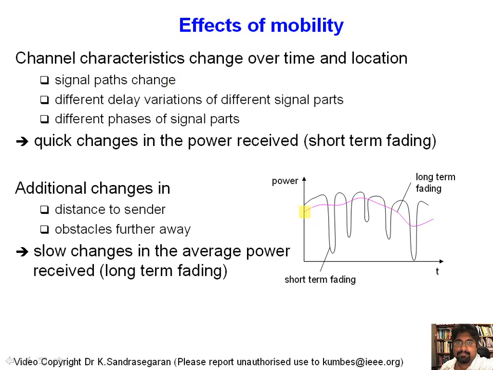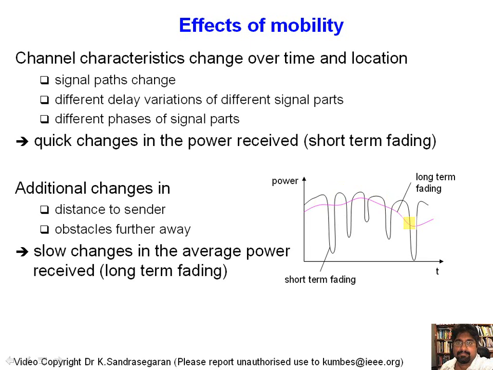We have something called long-term fading and short-term fading that can occur with respect to time. Short-term fading refers to rapid or quick changes in the received signal strength as a function of time, whereas long-term fading refers to reduction in signal strength that occurs much more slowly with respect to time.